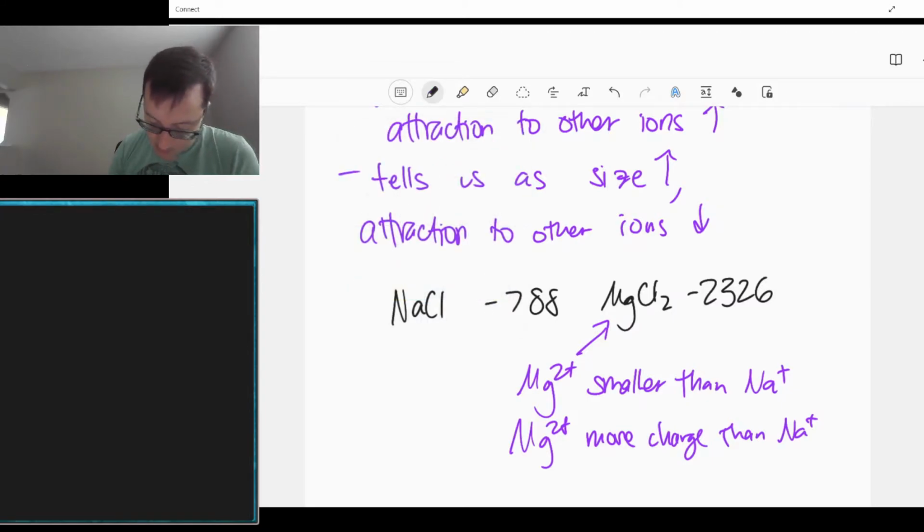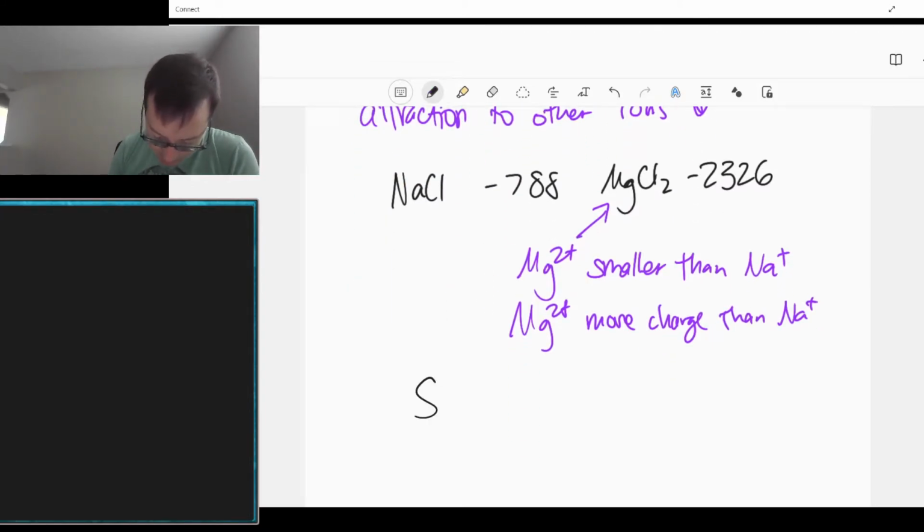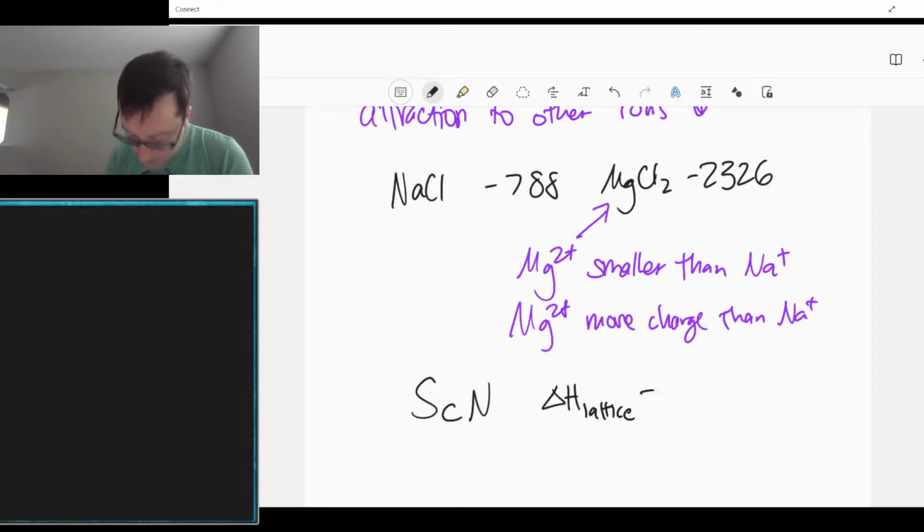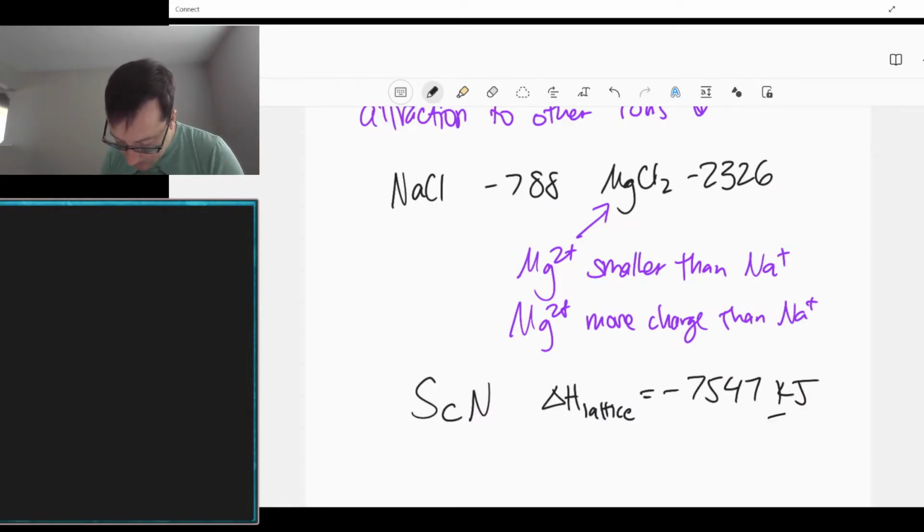And if we keep going, if we take some supercharged things, 3 plus 3 minus, we're looking at lattice energy of negative 7547. So it just keeps going. This is another trend, you could say. It's rather a trend that incorporates 2 other trends, but that's the idea. So the bigger your atom is, the less your attraction is going to be.